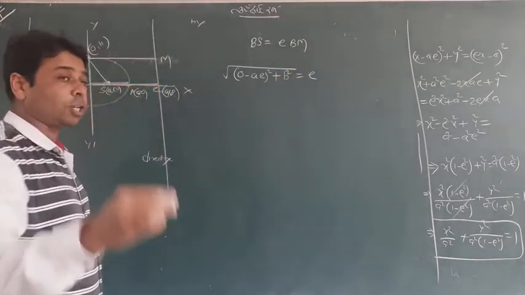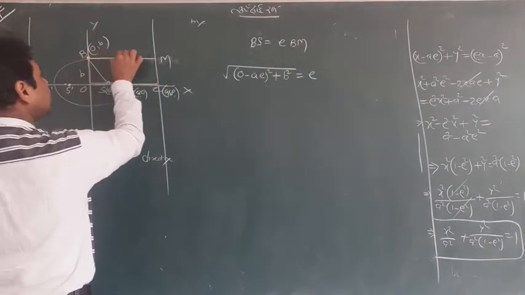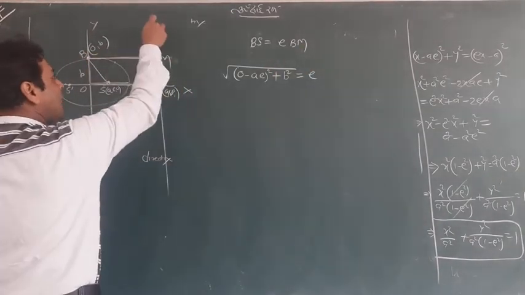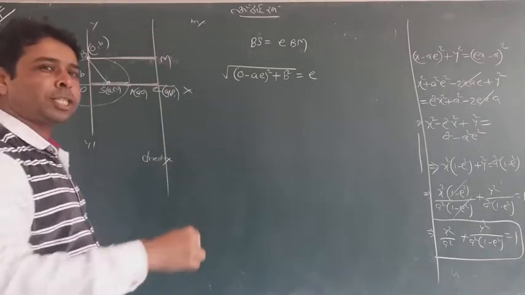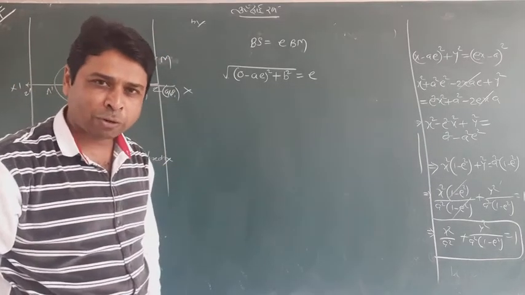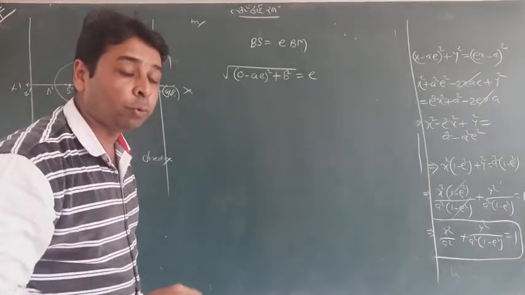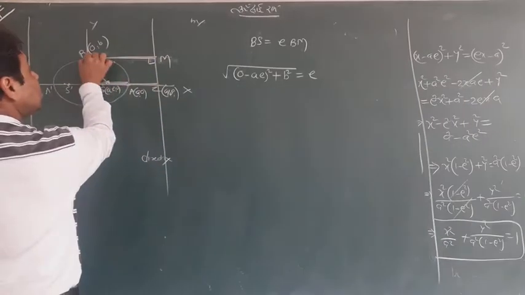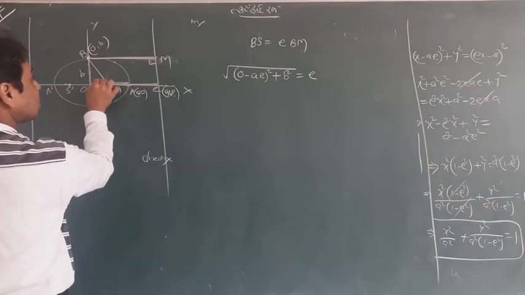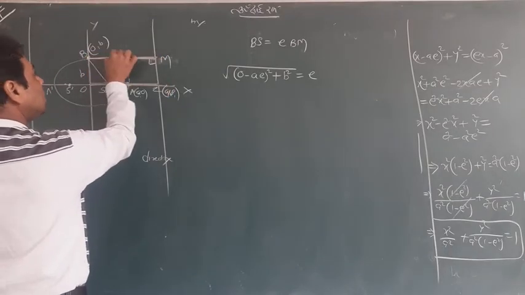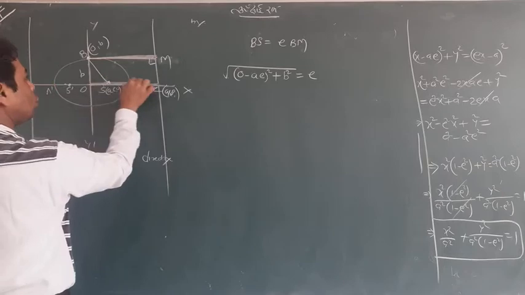BM is very interesting. I don't want to use the directrix equation and find the perpendicular distance of the point to the directrix, but I have another method which you like most: this distance is equal to that distance. Can you see the tip of the chalk? Both distances are the same.